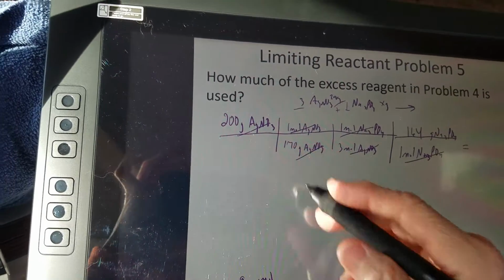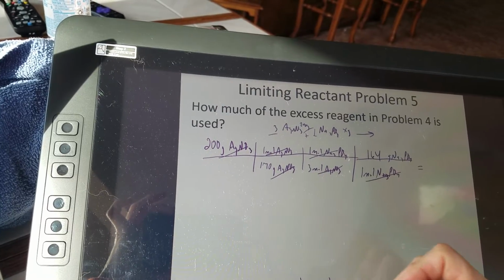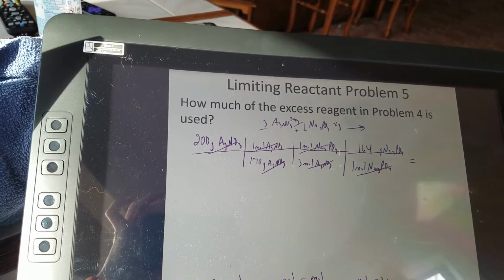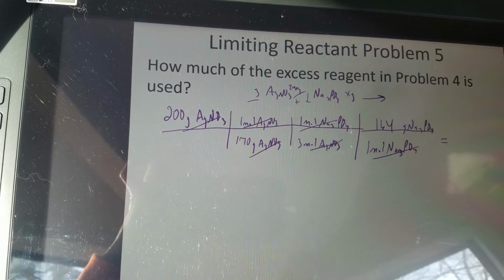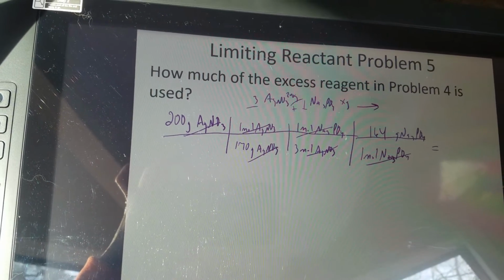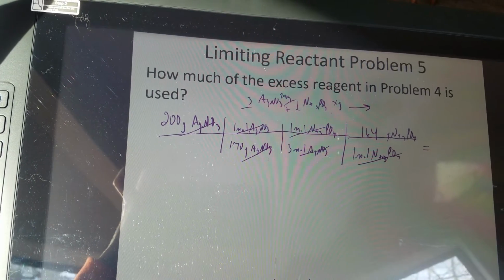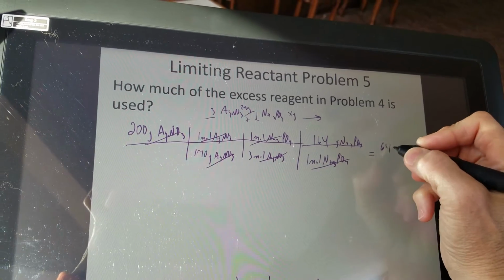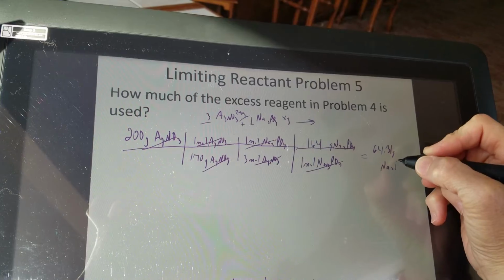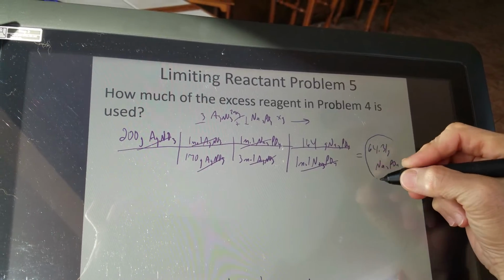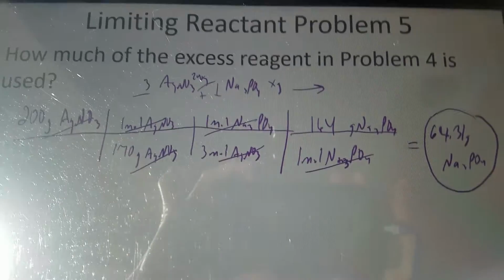So I went grams to moles like we did before, mole ratio like we've done before, moles to grams. So if I calculate this out, I'll have 200 divided by 170 divided by 3 times the 164. So the amount of excess reactant that is actually used is 64.31 grams.